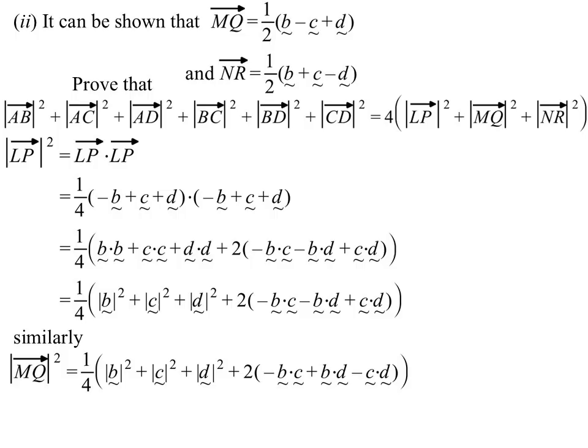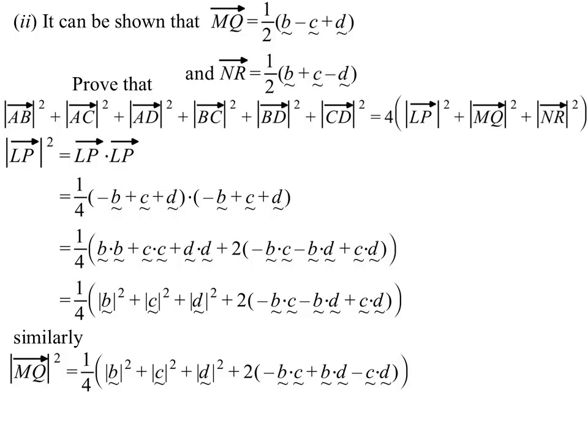I don't have to do the whole calculation again, because if you look at them, there's a pattern emerging. See, LP, if you look in the parentheses, only one of the numbers is negative, and it's b. If you look at our answer, in those dot products in the parentheses, only the ones that are attached with b are the negatives.